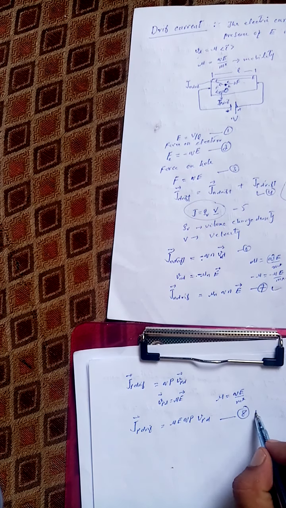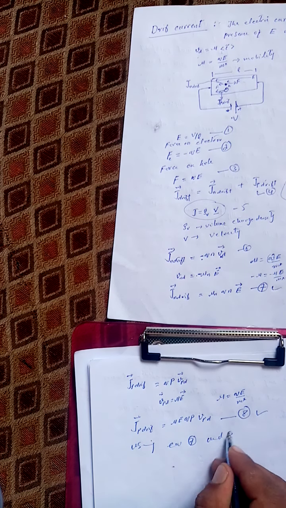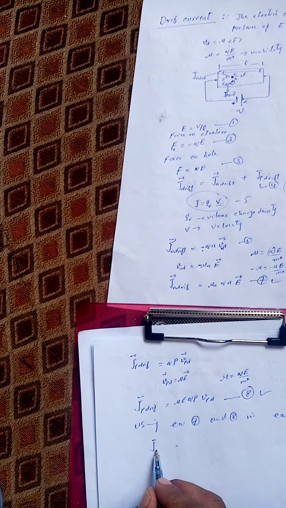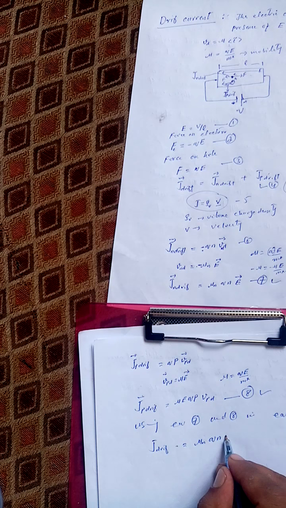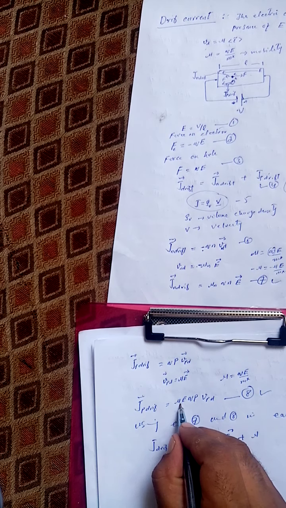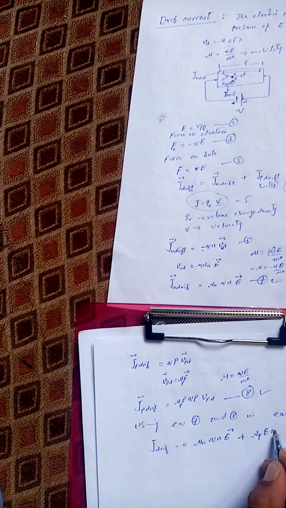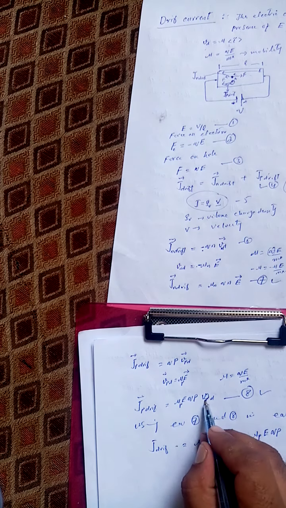Using equations 7 and 8 in equation 4, we get the total drift current J drift, which is equal to q n mu_n E plus q p mu_p E. This is for the electron and hole.